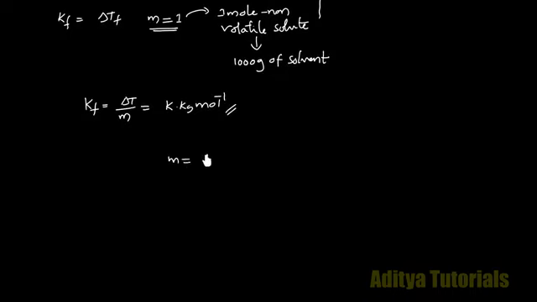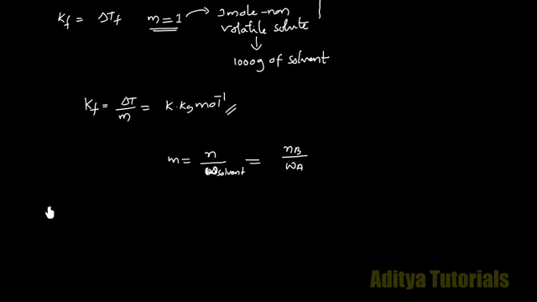The molality is given by number of moles divided by the mass of the solvent. This can be elaborated as NB divided by, instead of M, I will convert it into W, it will be easy, WA.